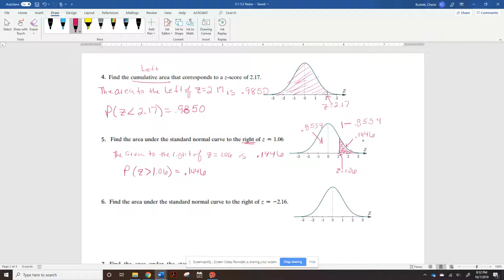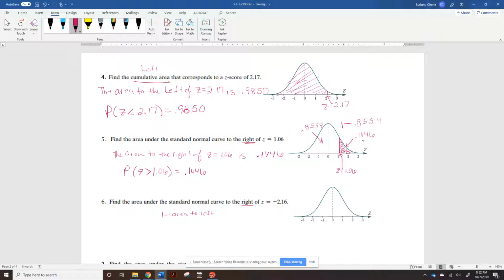Okay, so if you want to find the area to the right, you do 1 minus the area to the left, or you just use the calculator, okay?